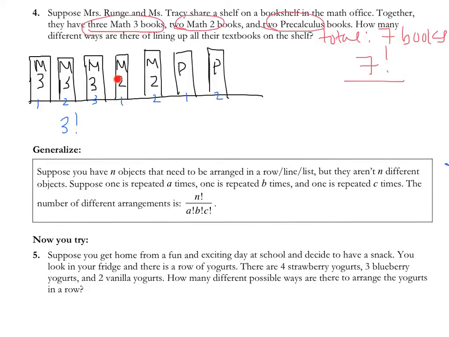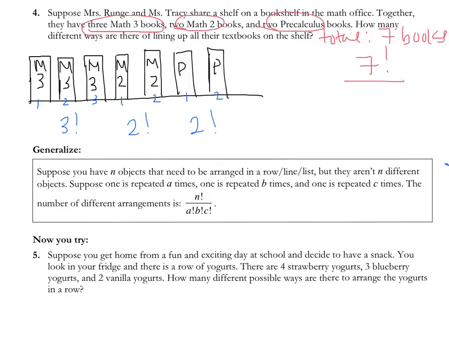But we also have to deal with the Math 2 books and the pre-calc books. For the Math 2 books, there's 2 factorial ways of putting these 2 books in these 2 slots. And there's 2 factorial ways of putting these 2 pre-calc books in these 2 slots.